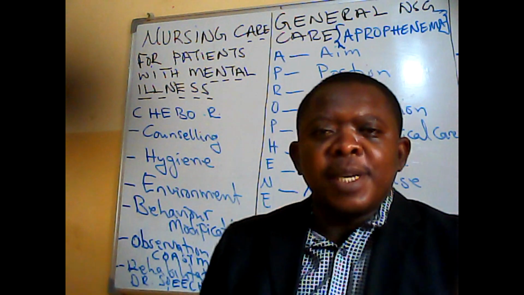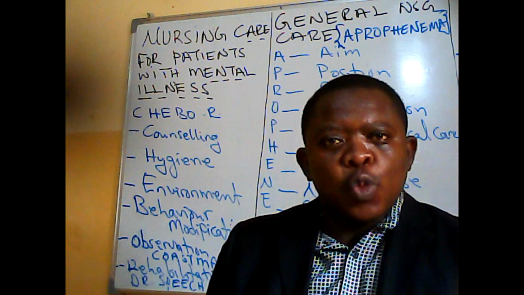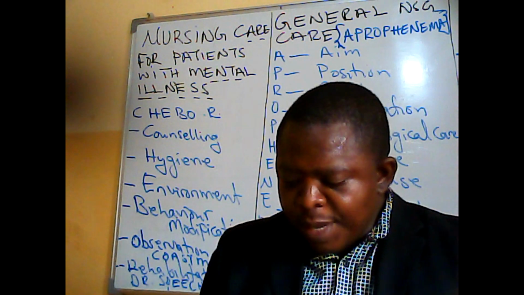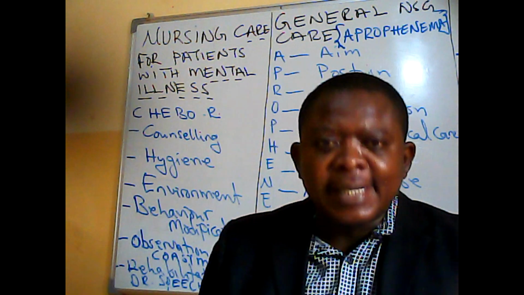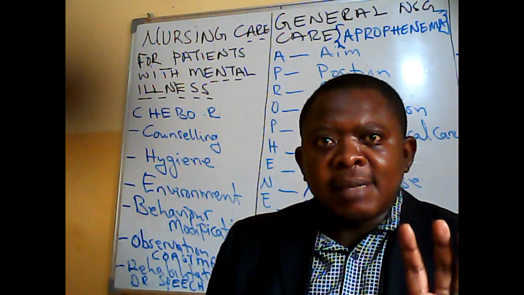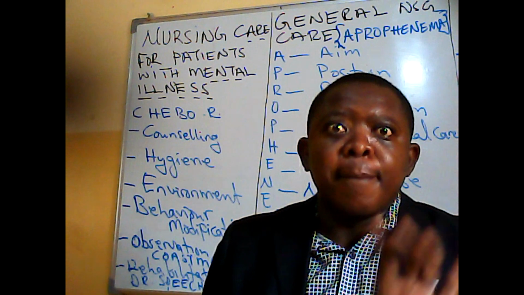All right, to make it easier for you on this one, I came up with an acronym on certain things that you can look at when you are observing the patients. So they are under an acronym, COST MAP.